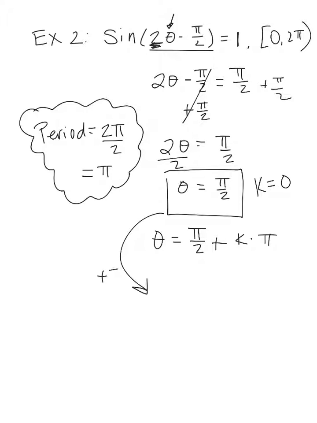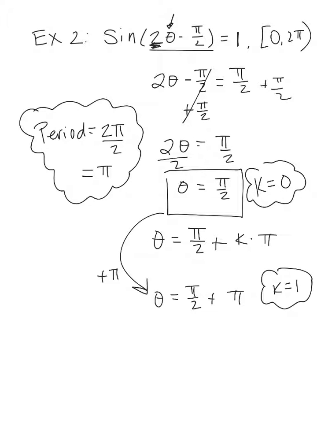So just add pi. So our next one would be at pi over 2 plus pi, and this would be when k equals 1, by the way. Since I'm in halves, I'm going to just write that as 2 pi over 2. So theta equals 3 pi over 2.